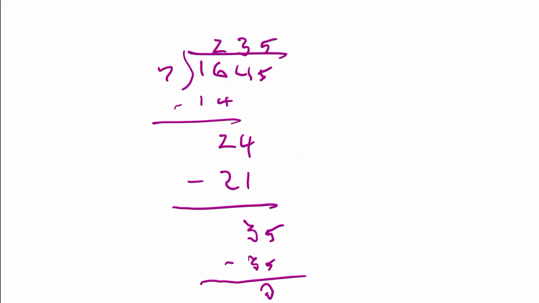I put the 2 to make 24. I put the 3 into the next column to make 35. Well, that's what long division does. It just shows that. It shows that extra 2 coming with the 4. It shows that extra 3 coming with the 5 to make 35. So we were really already doing it. We just weren't writing it down.